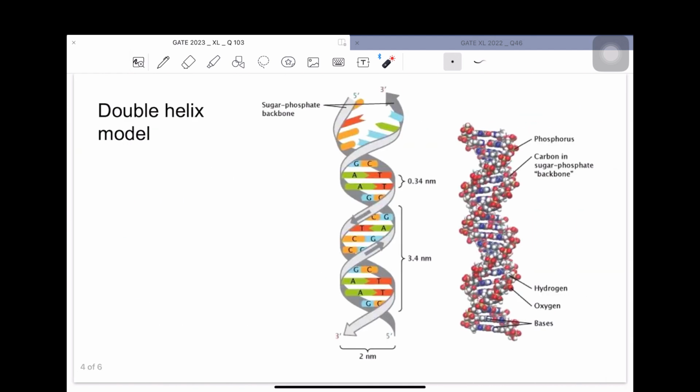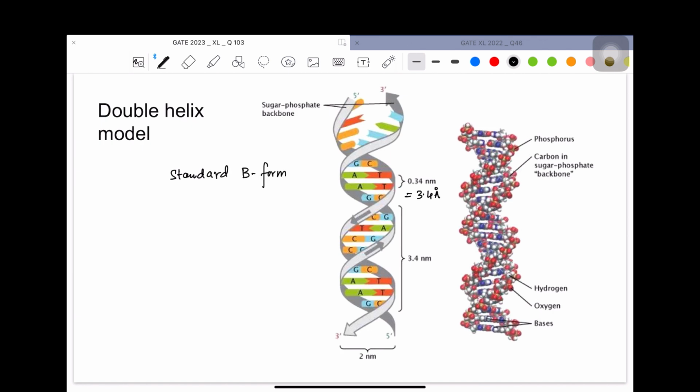Now, this double helix model of the DNA, as it is also mentioned in the question, has a rise per base pair of 3.4 angstrom or 0.34 nanometer. So this is the standard B form of DNA.